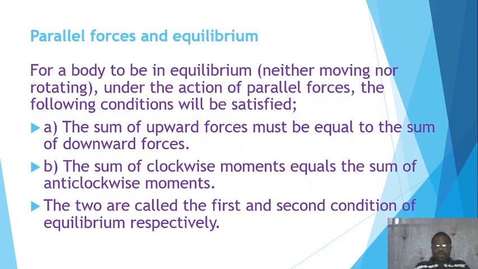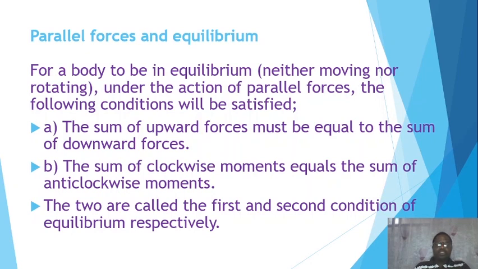Then we say the first two conditions must be fulfilled for the body to be in equilibrium. So they are the conditions for the equilibrium of parallel forces acting on a body. This is something you must take note of.